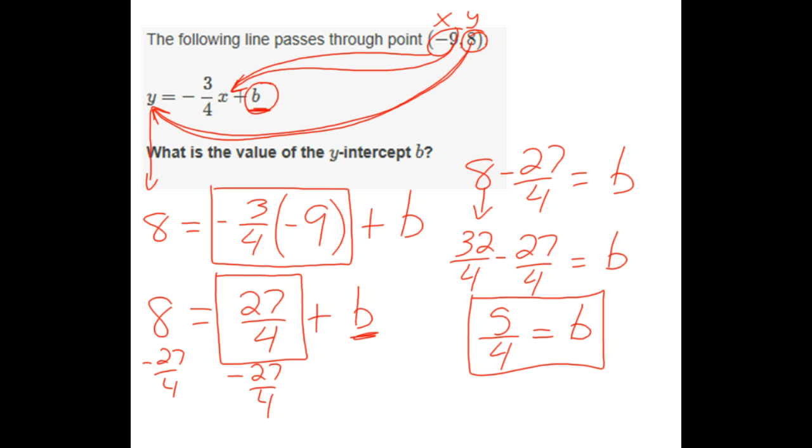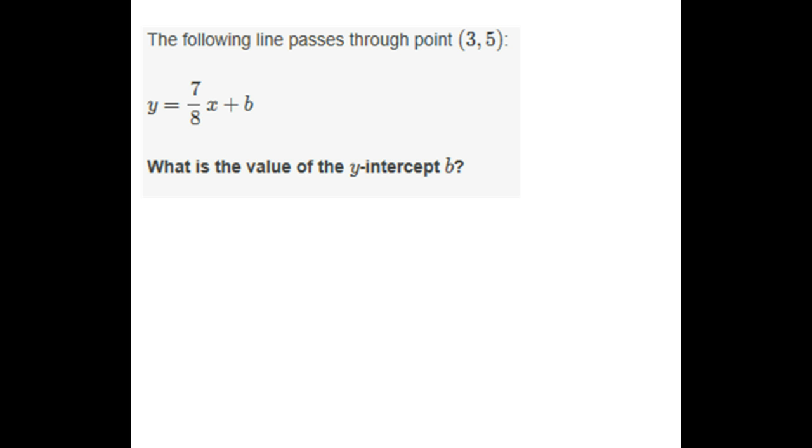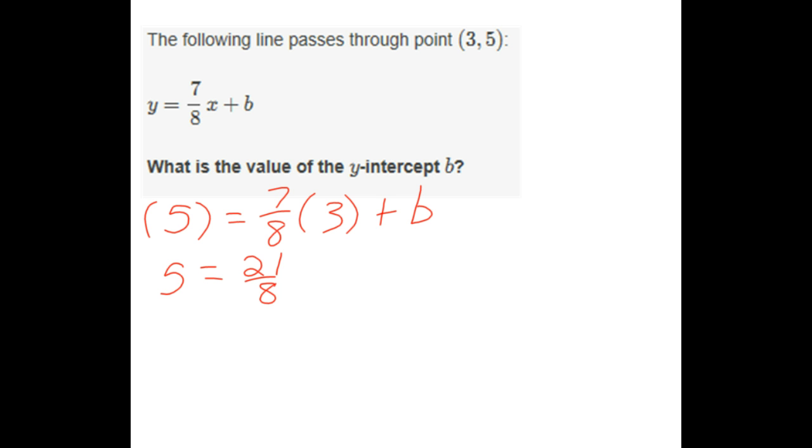Let's try another same type of problem. Some people have seen me work it out this way, where the y is the first value, which is 5, and then it's 7/8 times x, and x is 3. So I get 5 is equal to 21/8 plus b.